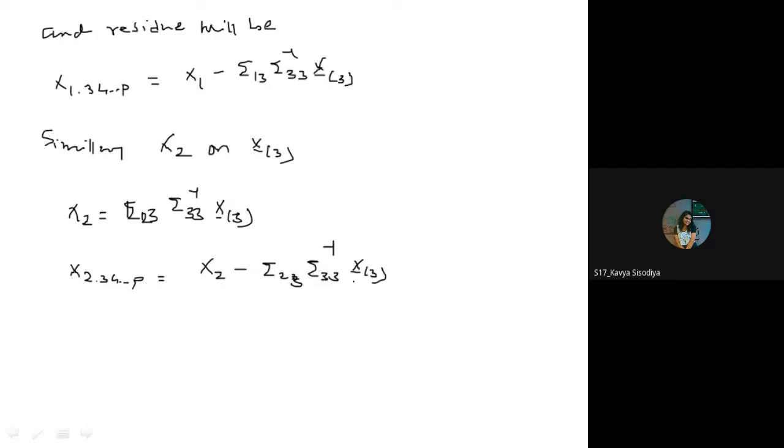So this is the residue of the regression of x2 on x3. Here x3 is a vector of p minus 2 elements, and its variance covariance matrix is sigma 33, which is invertible, so we can write sigma 33 inverse. So these are the two residues.